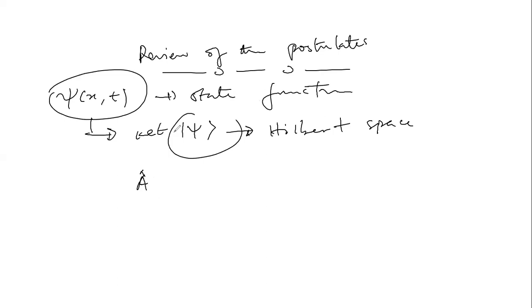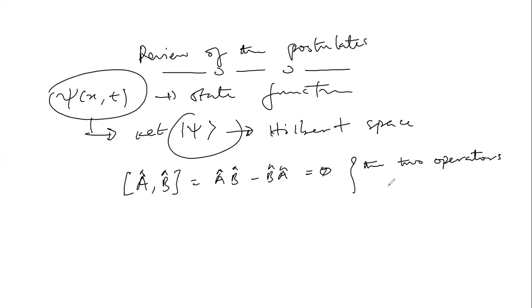That is, when we have the quantum bracket of two operators, A and B, for instance, should we take the difference of these two operators applied in a different order, say A hat B hat minus B hat A hat, then this should be zero, meaning the two operators commute, okay?